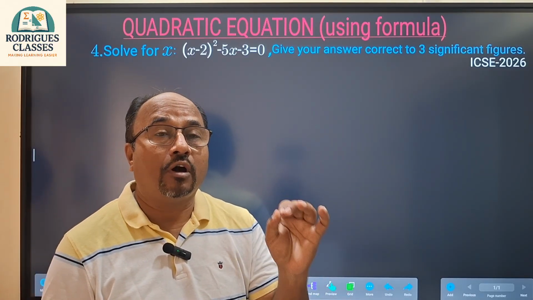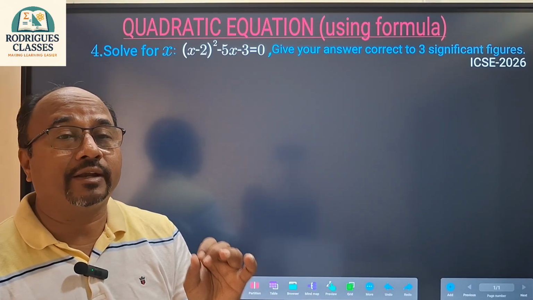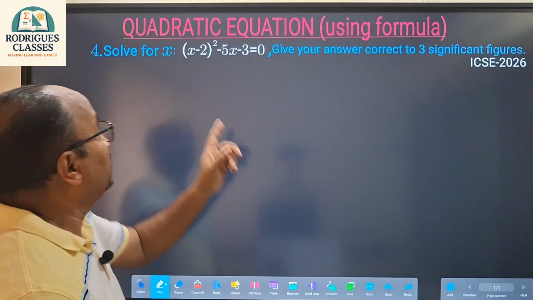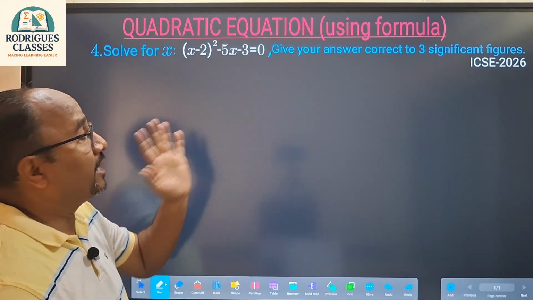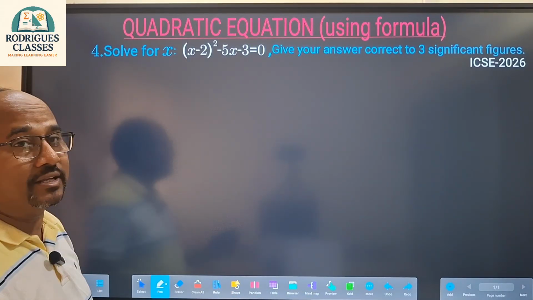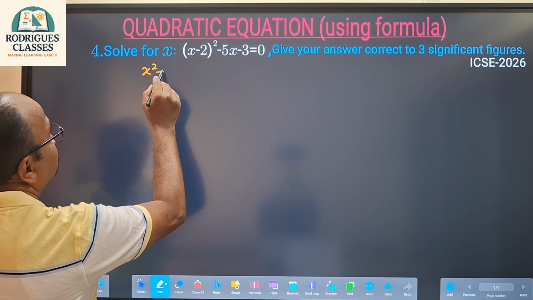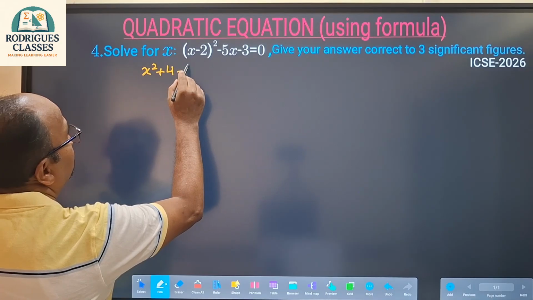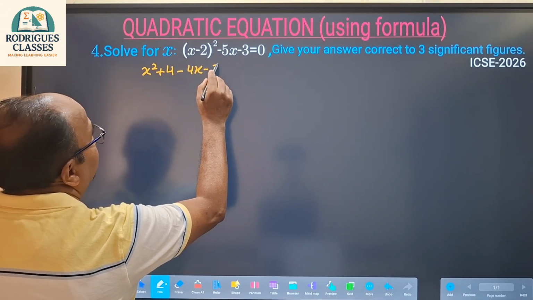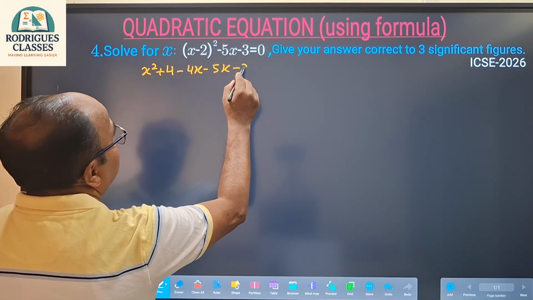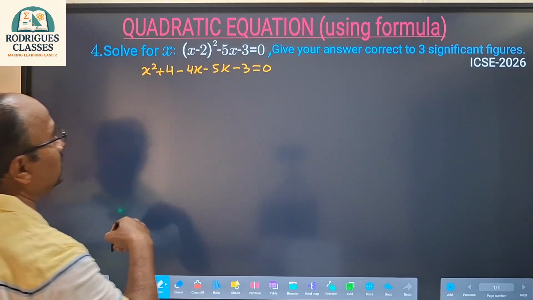So follow how you will work it out. (x minus 2) whole square has to be expanded by (a minus b) whole square. So this on expansion gives you x square plus 4 minus 4x, then minus 5x, and this minus 3, equal to 0.